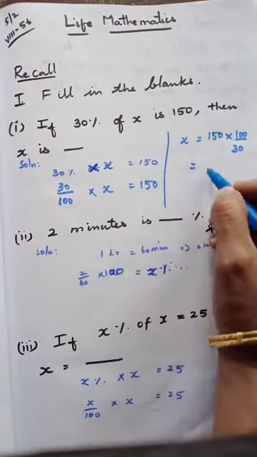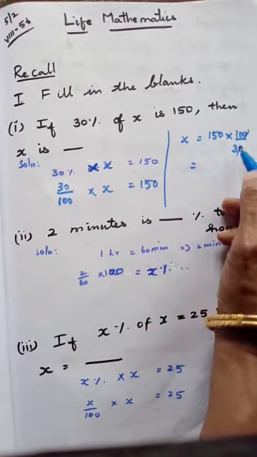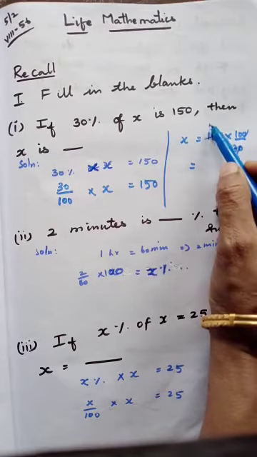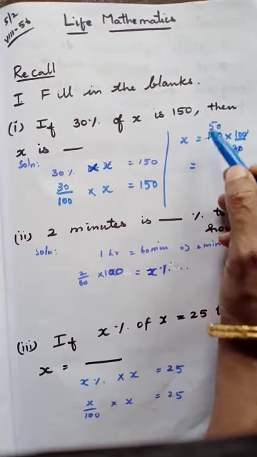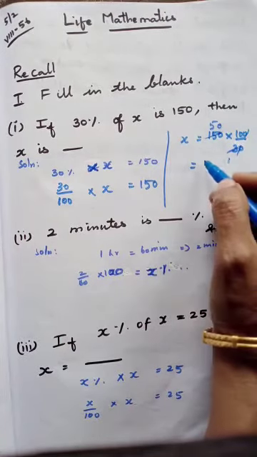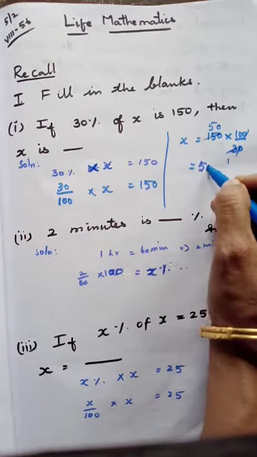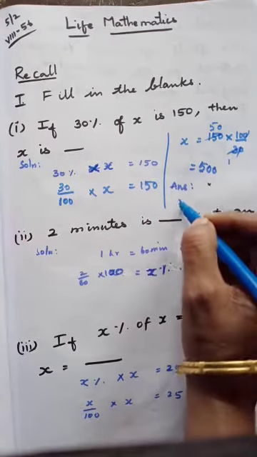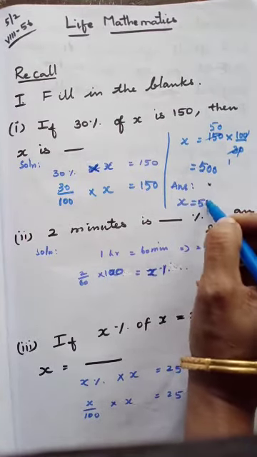You cancel 0 and 3: 1 times, and 5 3s are 15. So 50. 50 into 10 is equal to 500. So the answer is x is equal to 500.